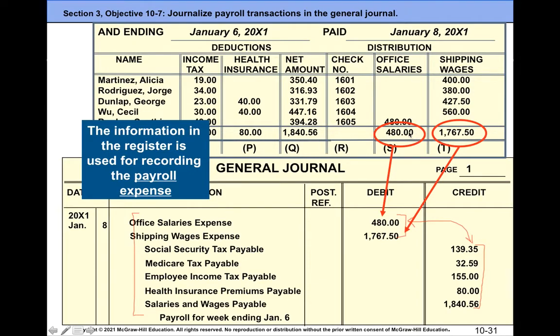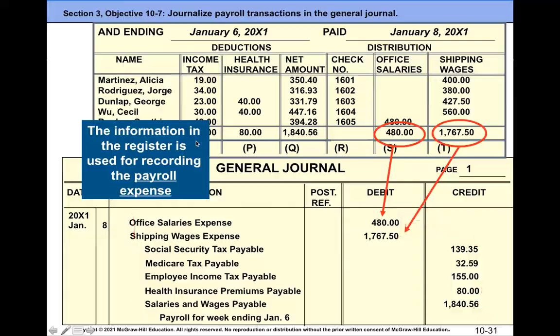It comes from this payroll register. If you look, it doesn't show here, but all of these amounts, except for the last one, like this $80, that's health insurance.